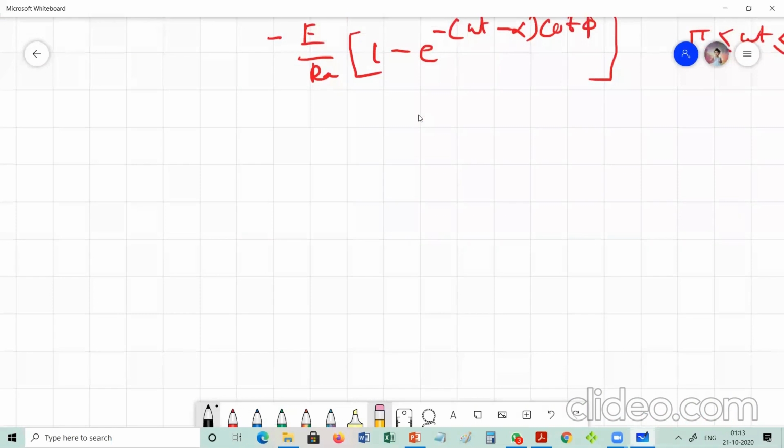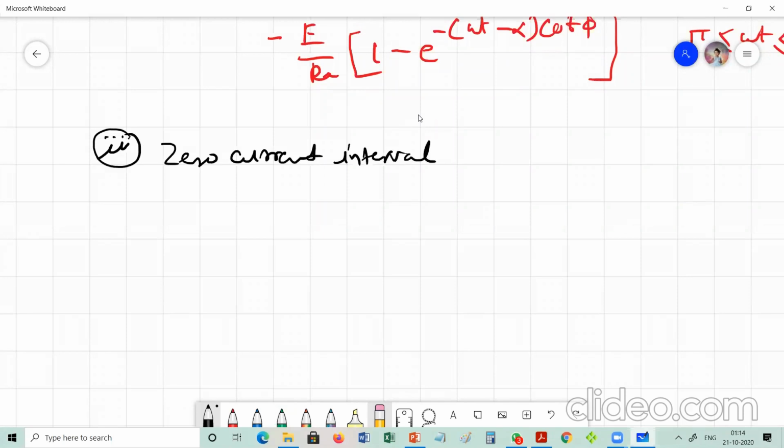So the third interval is known as the zero current interval, and it ranges from beta to pi plus alpha. Okay, and we can use the condition at the extinction angle beta. We know that I of beta is equal to 0.